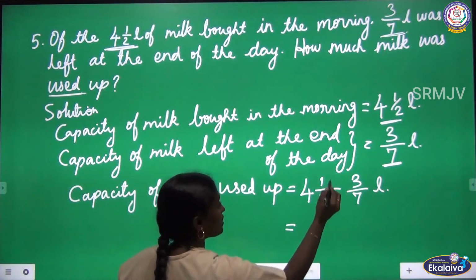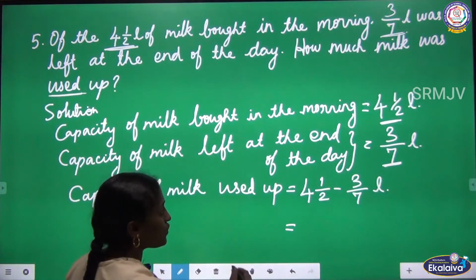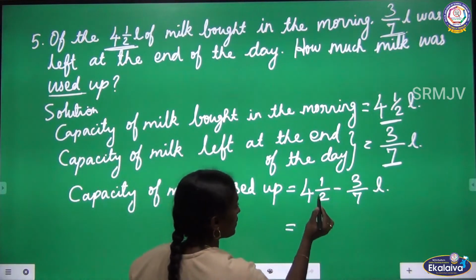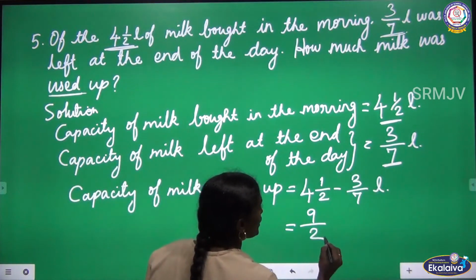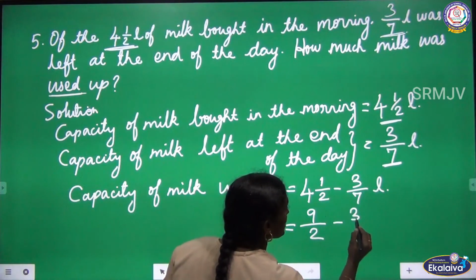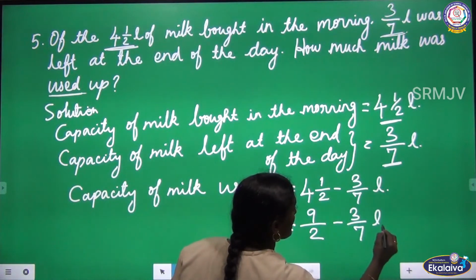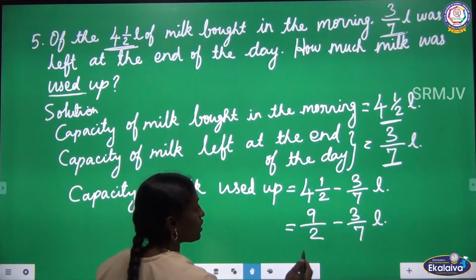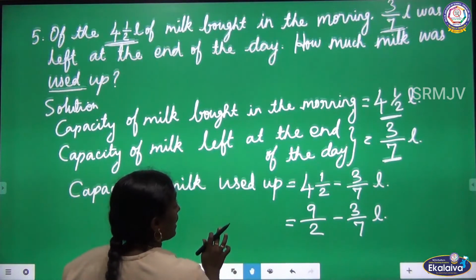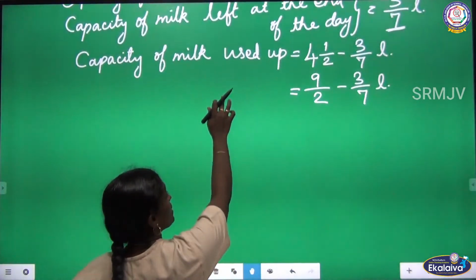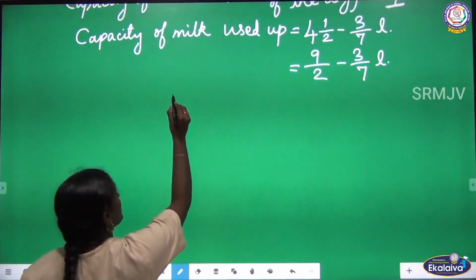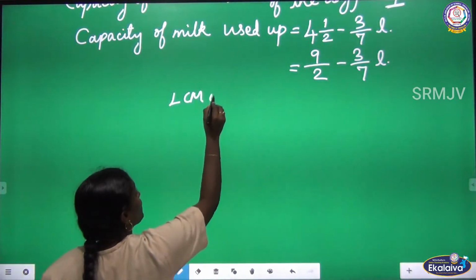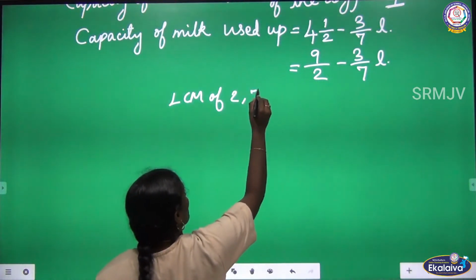Here the first fraction is a mixed number, so we are going to convert it into an improper fraction. 4 2s are 8, 8 plus 1 is 9, 9 by 2 minus the second fraction, 3 by 7 liter. Now we have to convert the unlike fractions to like fractions by finding the LCM of the denominators. So the LCM of 2 and 7.